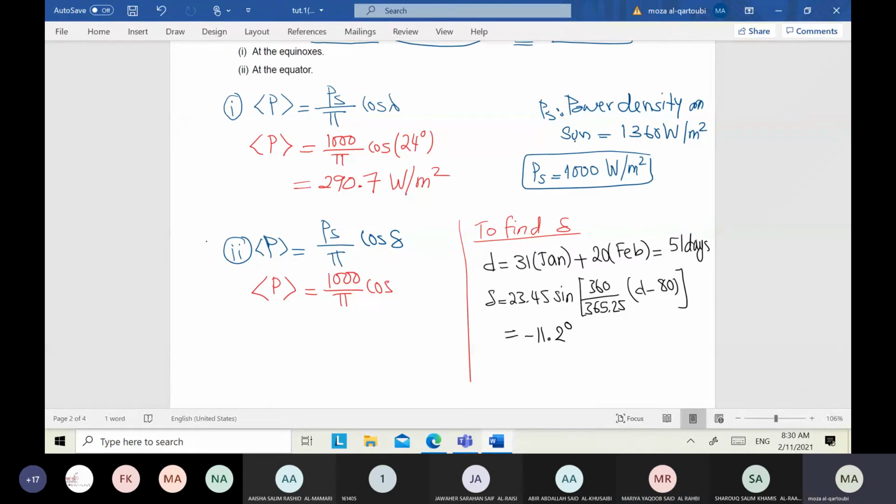So we'll substitute now in the rule of solar insolation: 1000 over pi times cosine of the declination angle, cosine of minus 11.2 degrees. The answer is 312.2 watt per meter square.